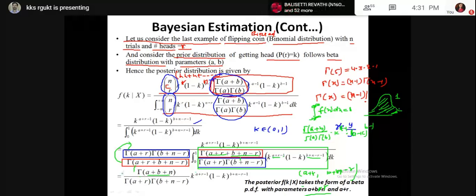So the posterior distribution is also a beta distribution. So we estimated the distribution of the posterior.